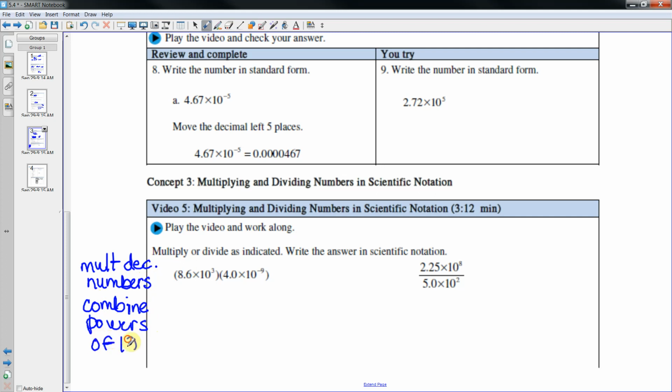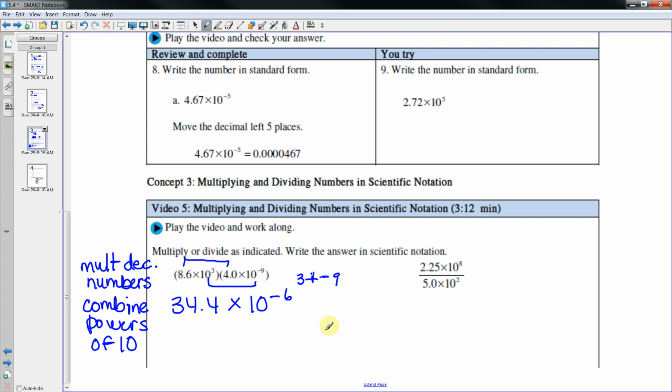And since this is multiplying in this first one, my powers of 10 are going to be added. So the first thing I'm going to do is multiply my decimals. 8.6 times 4.0 gives me 34.4 times... And when I take my 10 cubed and my 10 to the negative 9, 3 plus a negative 9 gives me negative 6. So 34.4 times 10 to the negative 6.